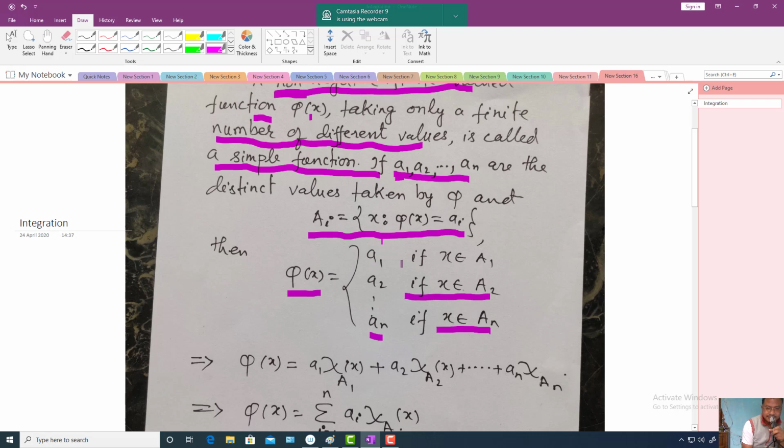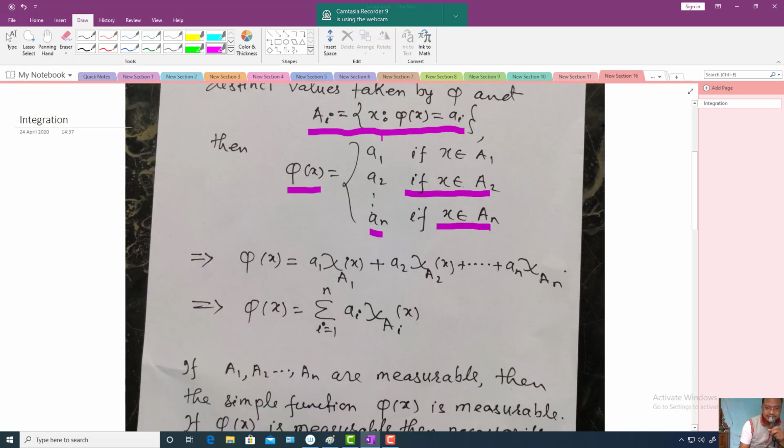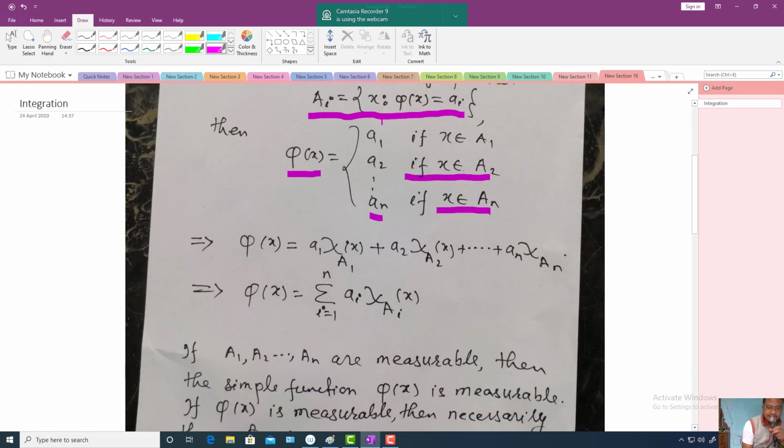Then phi x is equal to a1 if x belongs to A1, phi x is equal to a2 if x belongs to A2. So definitely this phi x can be written as a linear combination of the characteristic functions like this, that I have already explained.